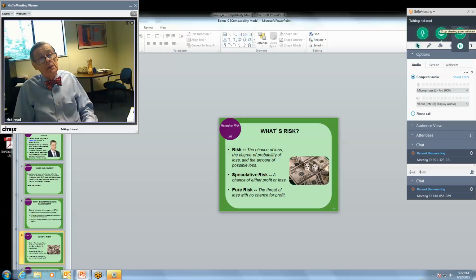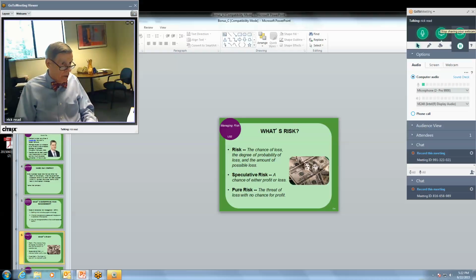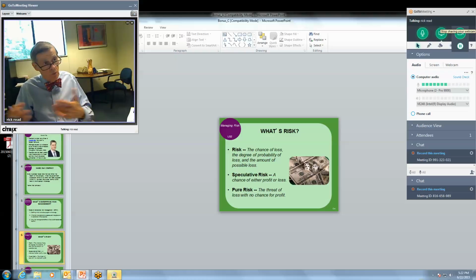Speculative risk means that there is a chance of losing revenue, losing profit. That's speculative. There's a chance. There's also a chance that we won't. But pure risk means you haven't got a chance. You're going to lose. And there is no chance to recover anything. So you're going to lose. That's a bad situation to be in.